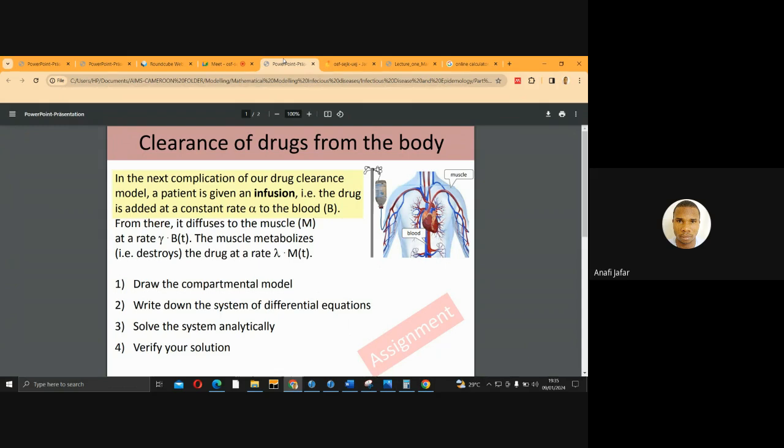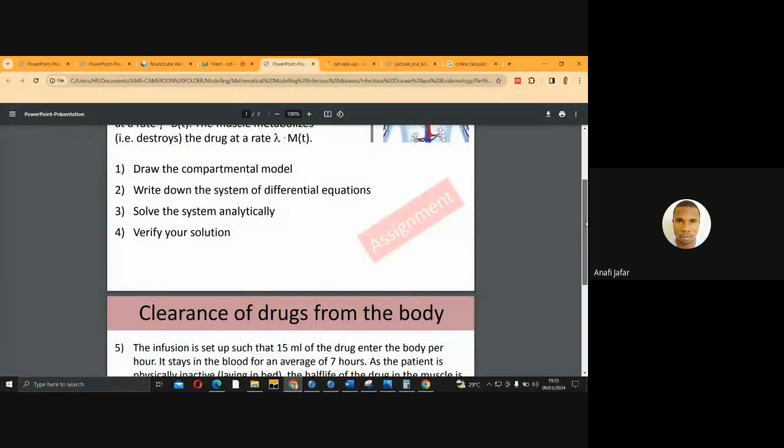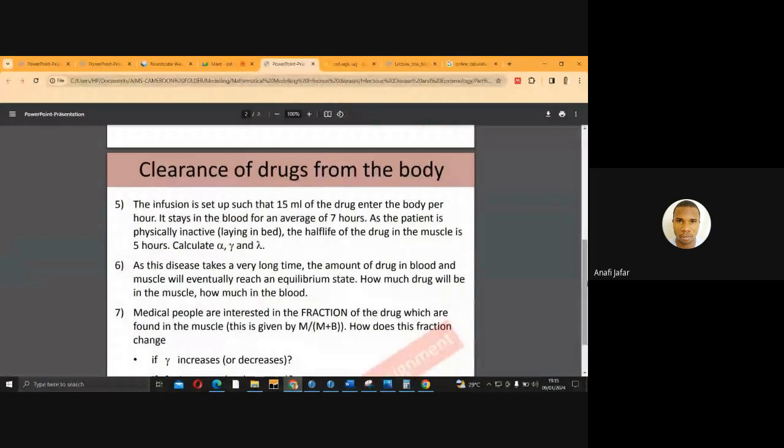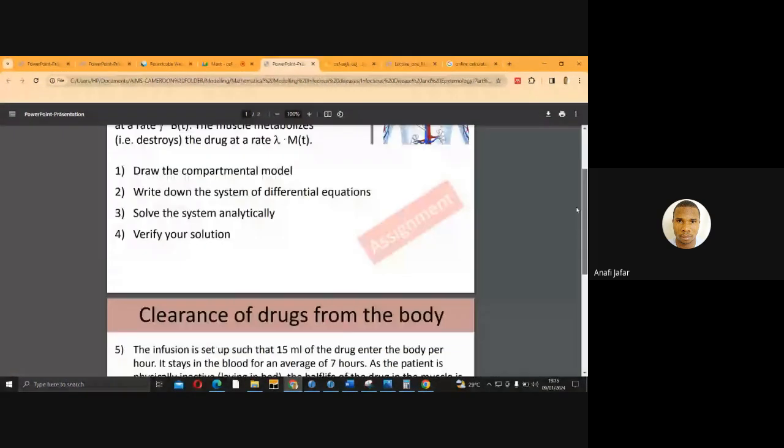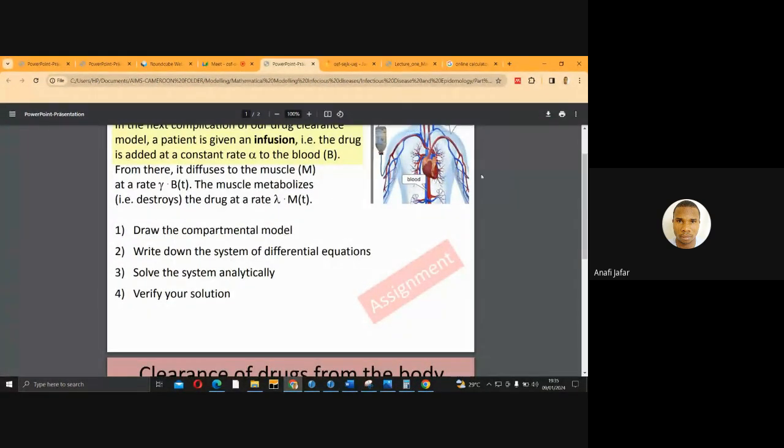The second one is to write the system of equations of this diagram, solve the system analytically, then verify your solution. This will now be your assignment for today. Nobody has thought about this one, because we have not trained you. So next week you have to present this.